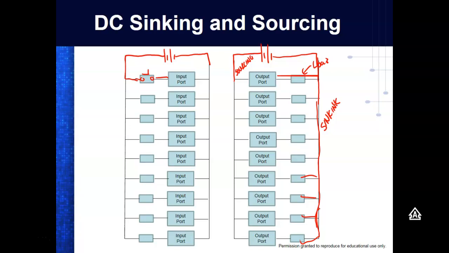Now the advantage of relay outputs is you can make them AC, you can make them DC, you can hook them up syncing or sourcing. So this is my power supply right here. This is the minus. Now what's unique about this, can y'all see this? Y'all need to look real close.